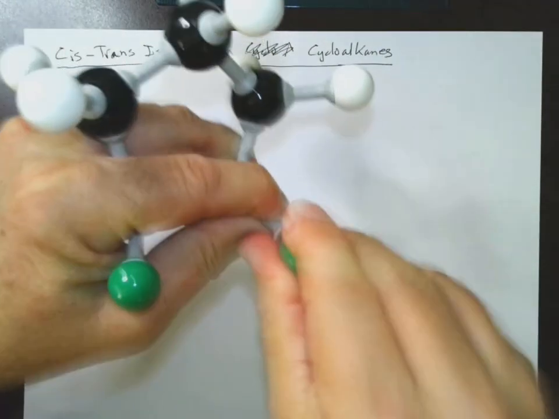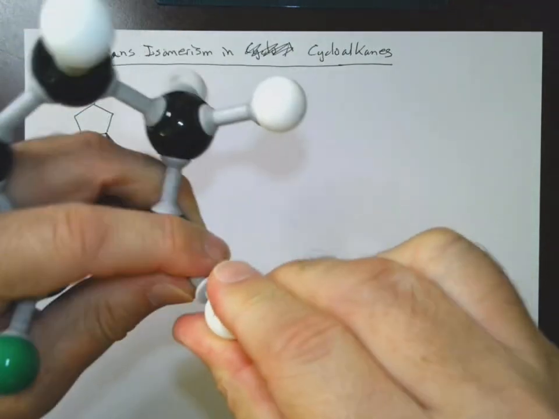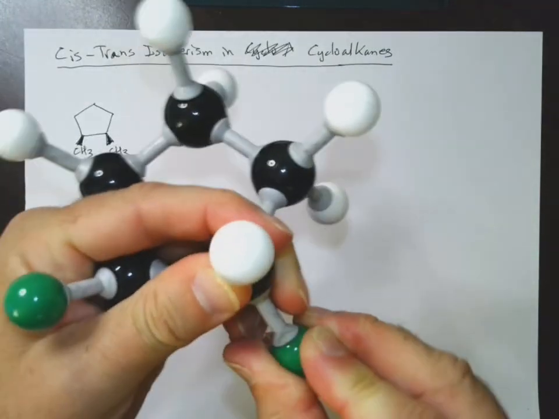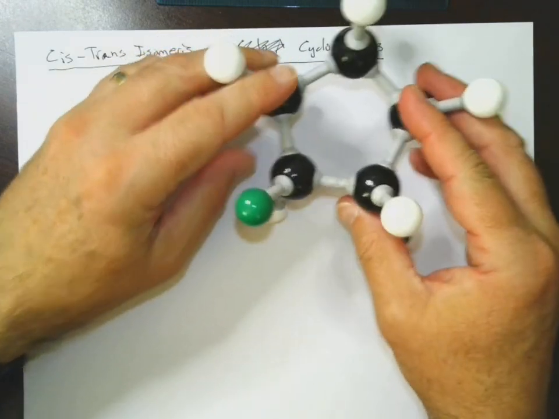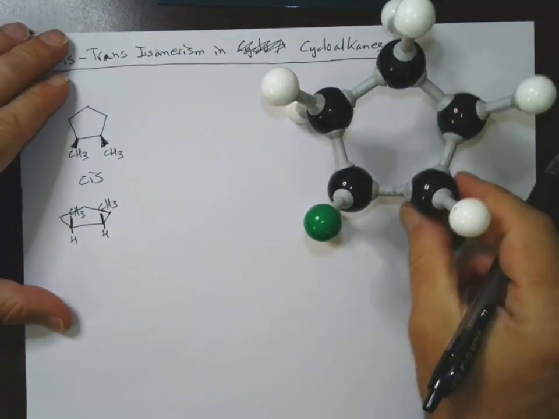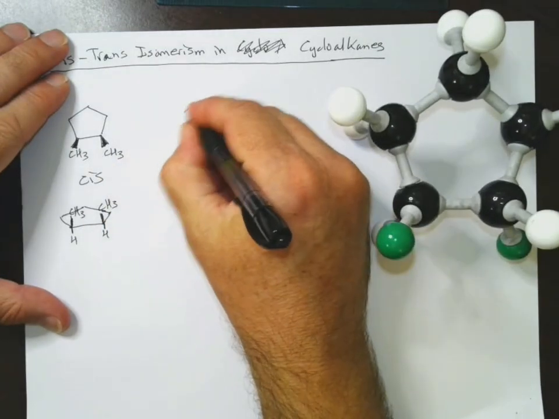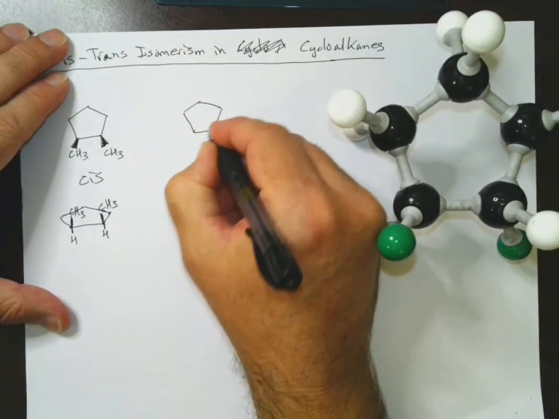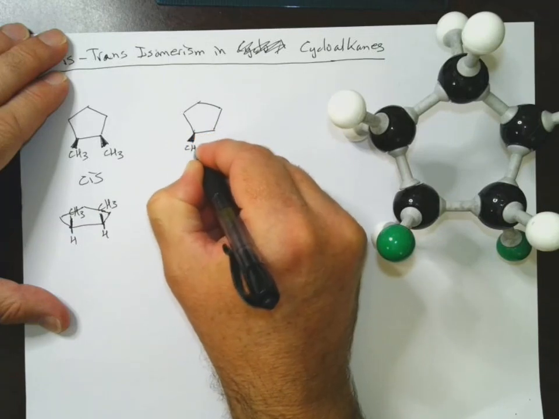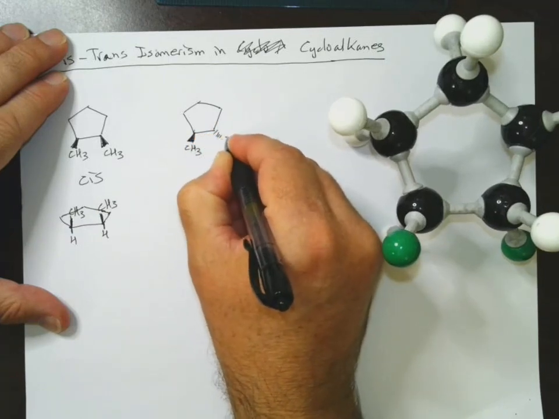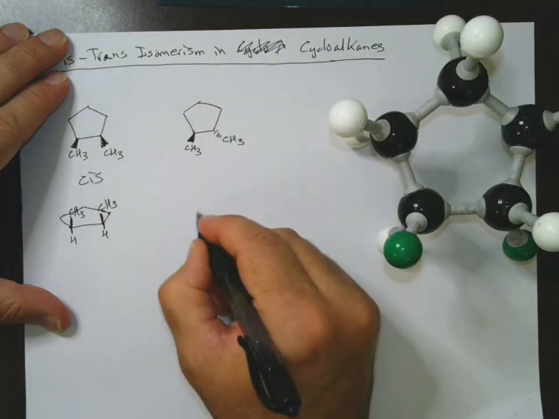Now, if I swap the methyl and the hydrogen, again pretending the green is methyl, now I've got the trans isomer. I've got one methyl group that's up, coming out towards us, and one that's going away from us, or down.